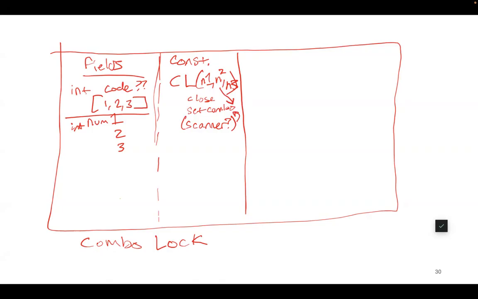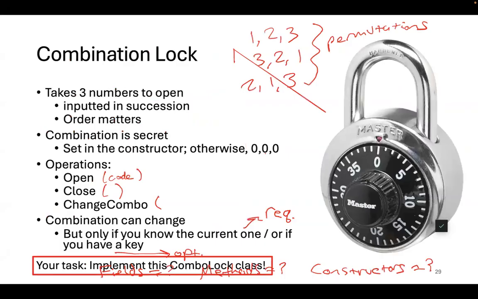I think that sounds fine. What if we want the combination to be 0, 0, 0? We could give 0, 0, 0, but there's also an easy way to do it. There's the zero parameter constructor, where if we don't define it at all, then it just sets it up for us.